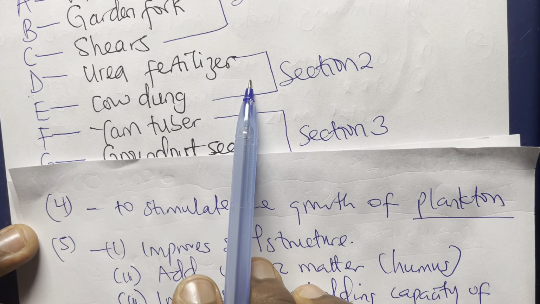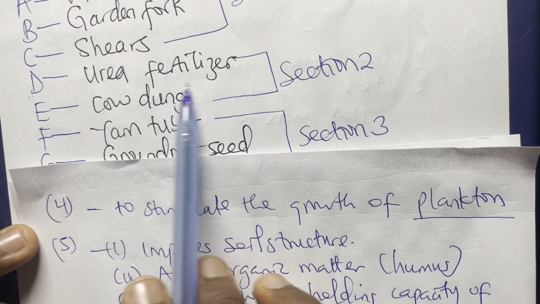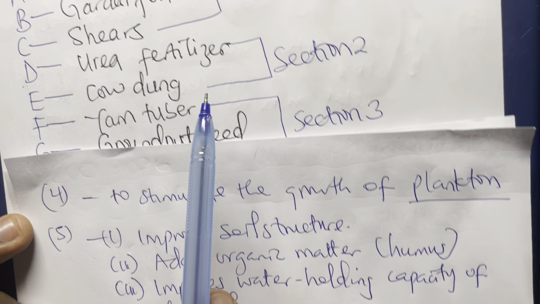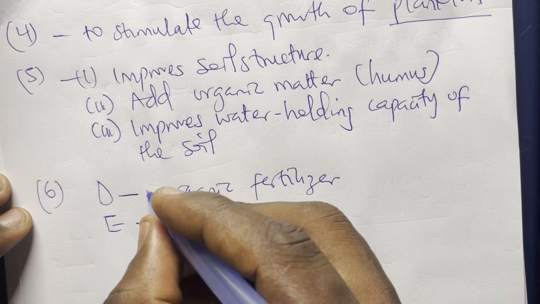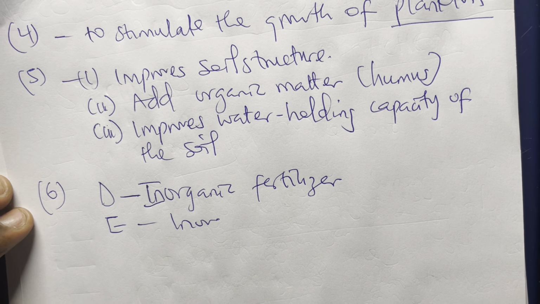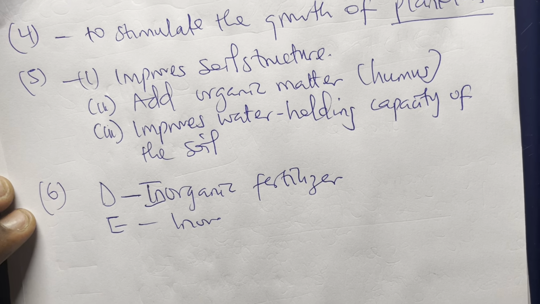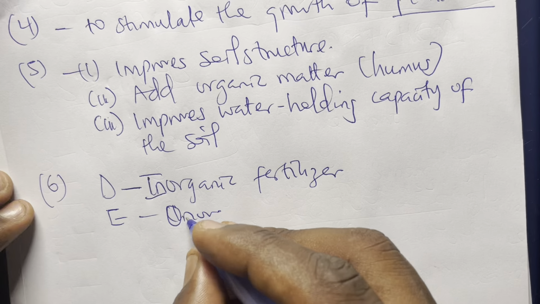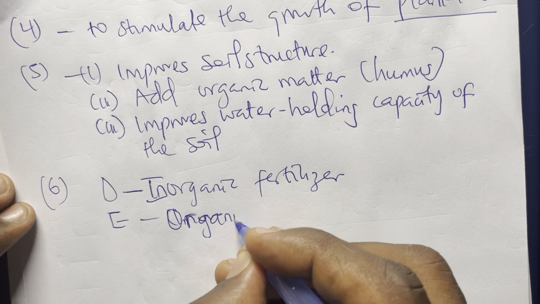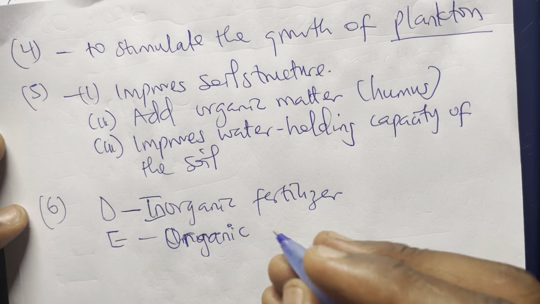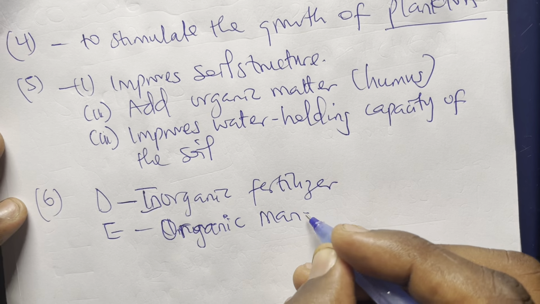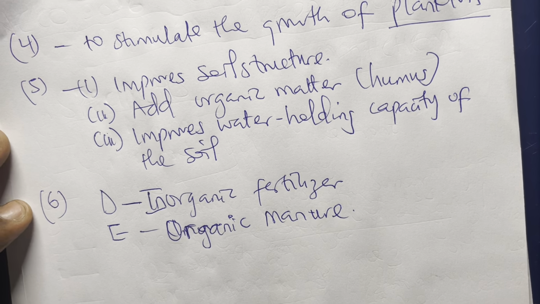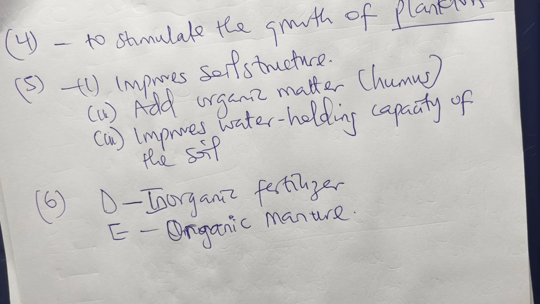D is urea, so urea fertilizer is an inorganic fertilizer. Organic means natural, so the organic manure is the cow dung.